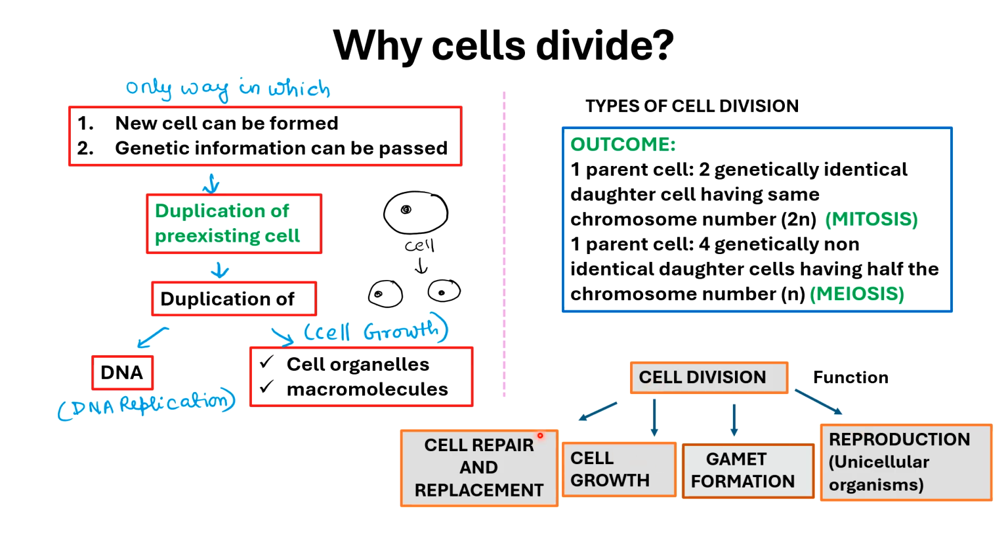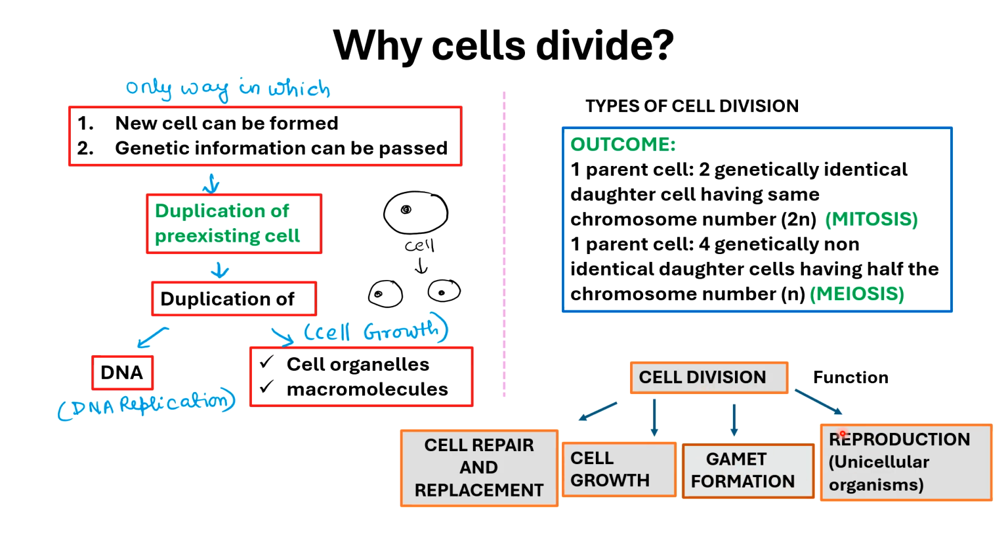Now what are the functions of cell division? This cell division is important for cellular repair, and wherever there is old tissue or injured tissue, we want to replace it. So cell division is very important for cell growth, okay? Then you have formation of the gametes. Now in sexual reproduction, we know that gametes are formed which fuse together to form a zygote. So for gamete formation also we need cell division.